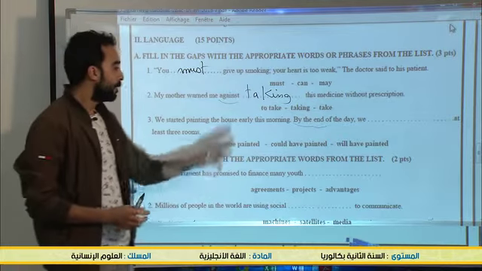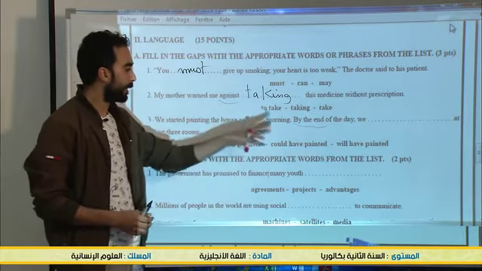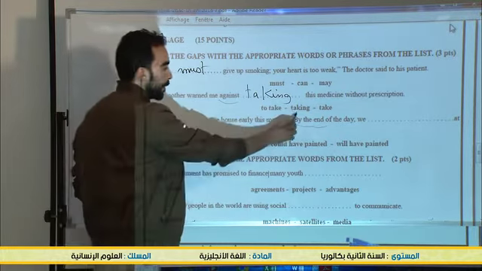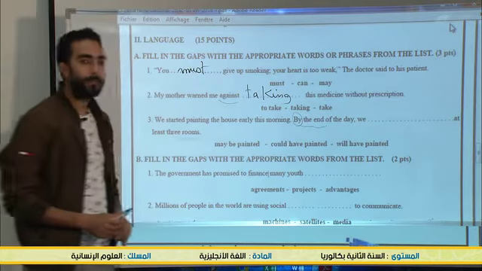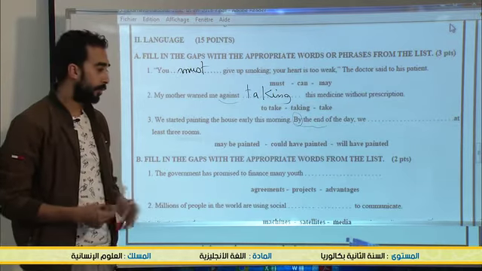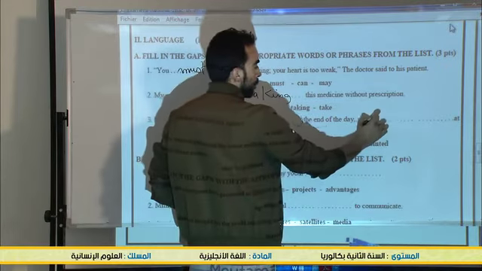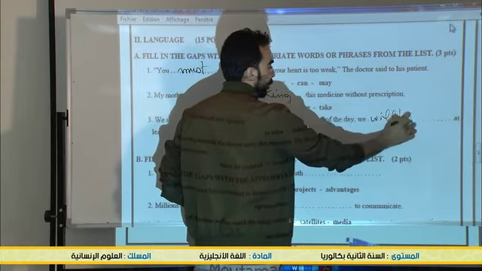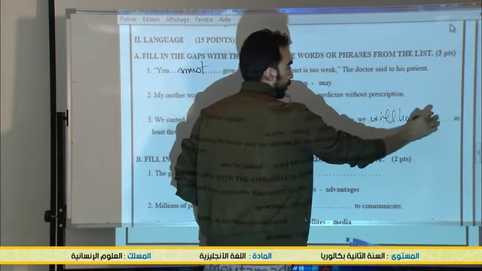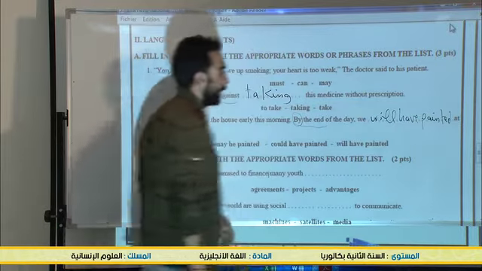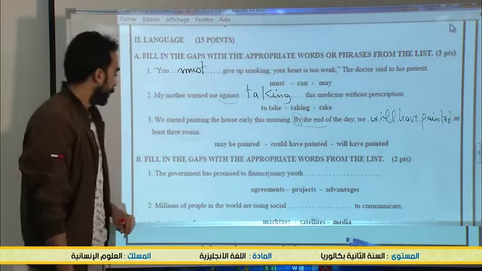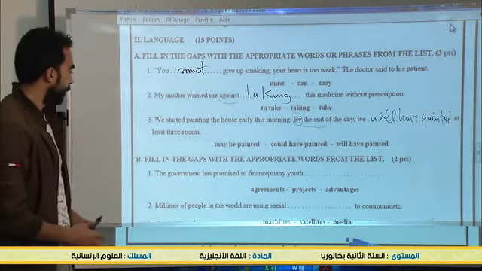So when we find by the end of the day, or by this time, this expression is used with the future perfect, which is will have painted. Fine? So, okay, let's move to the next.